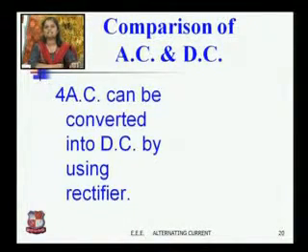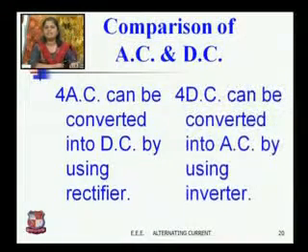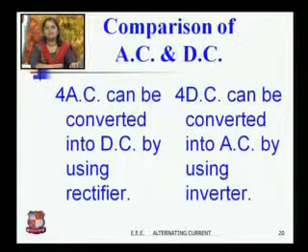So AC can be converted into DC by using a rectifier, which is nothing but a combination of diodes. In the same way, if you have to convert DC into AC for a particular application, then you can use an inverter. An inverter is also a combination of semiconductor devices, and using this you can convert your DC voltage into AC voltage.